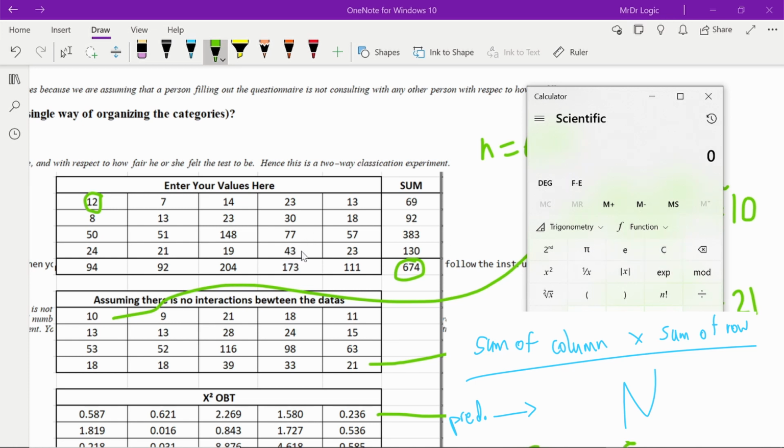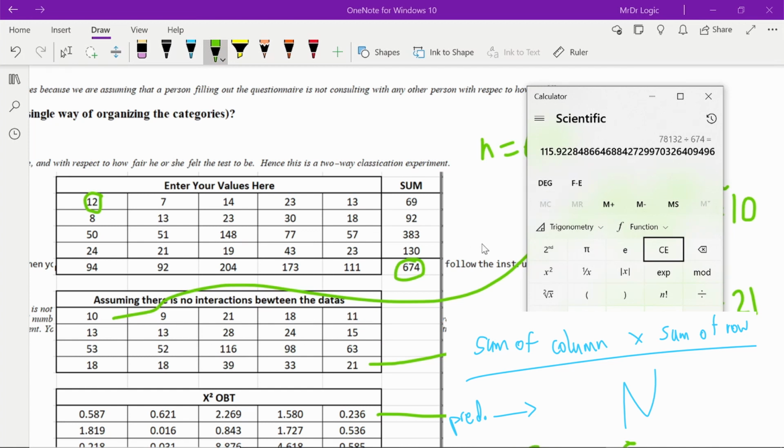My mouse gravitated to it. 30 times 773 divided by 674, 33. And then we'll do another number, this huge one. Okay, so 204 times 383 divided by 674. And there you go, 116.